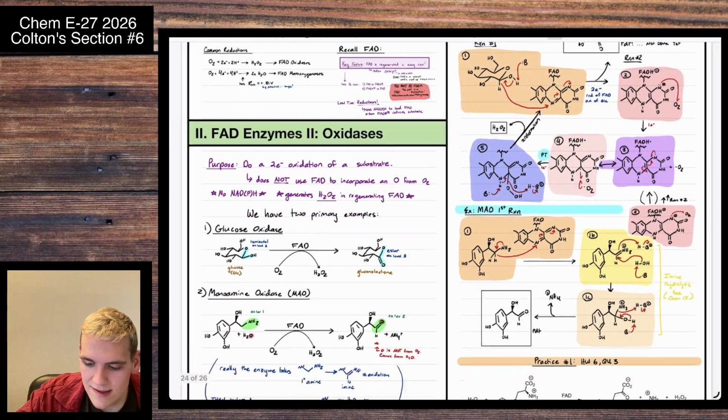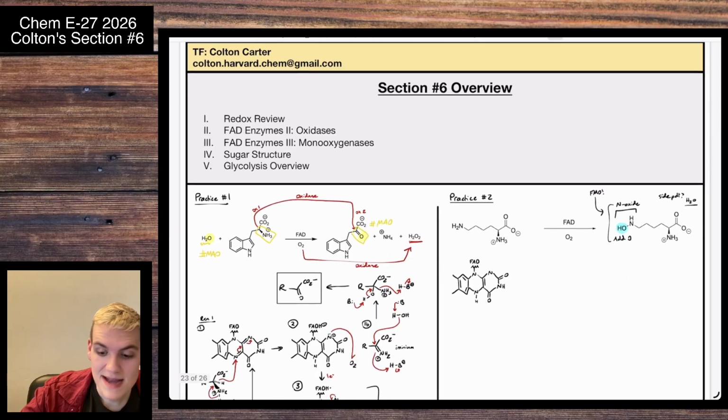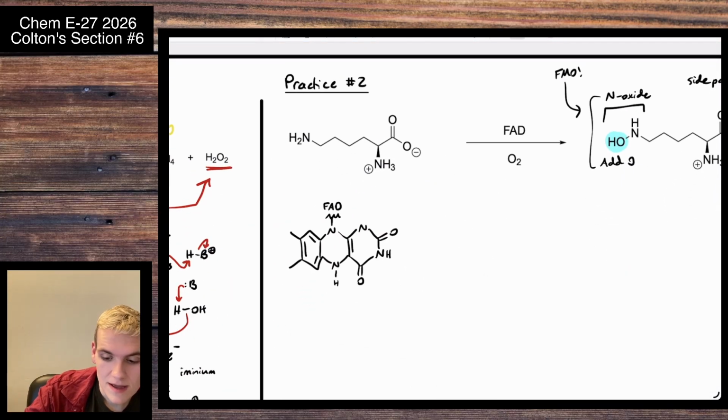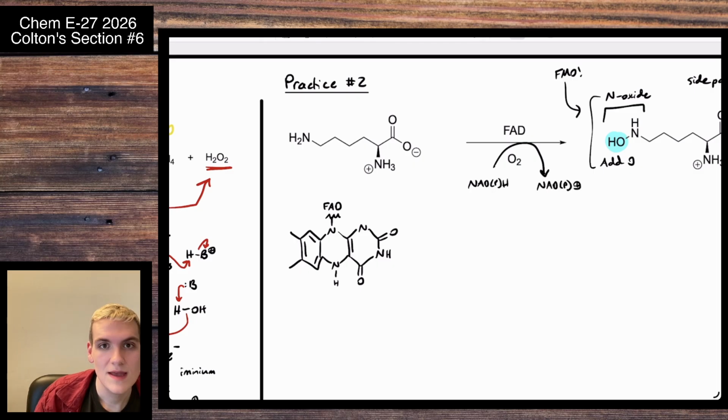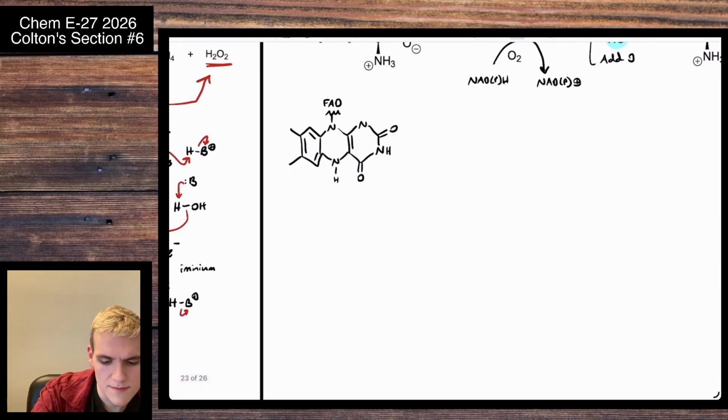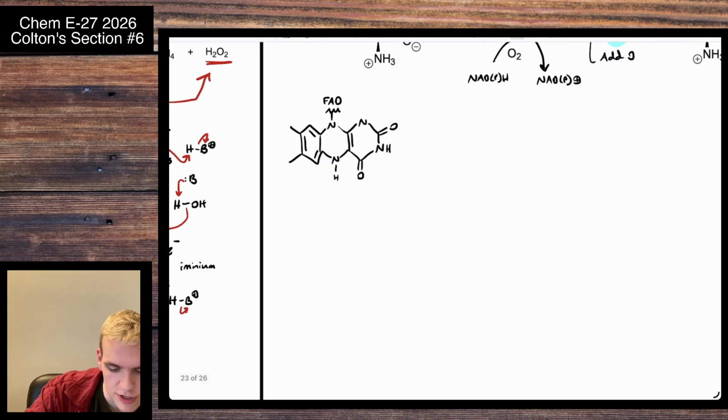So, in this reaction, we would expect, even if it's not given here, that we have an NADPH going to an NADP+. And again, it's because we know it's a monooxygenase. So we can supply the NADH here. You have no way of knowing which one it is, so just choose one. So I'm going to choose NADH.